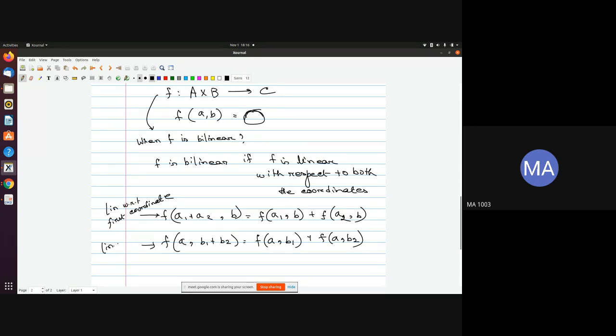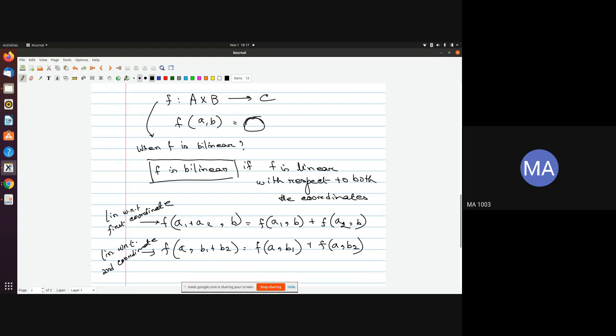Correct? And if I have both of these together, then I will call f a bilinear function. Is it clear what bilinear actually means? Any doubt in this?